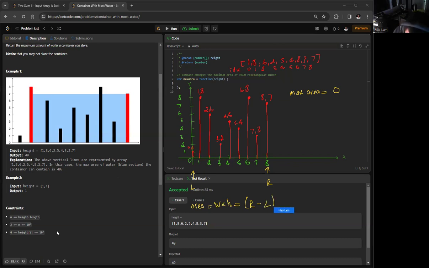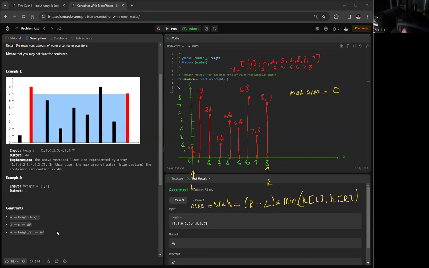Multiply by the minimum of the height at the left index and the height at the right index. So the minimum of the left and the right, because we don't want the water to overflow. We want to choose the shorter one for our container.